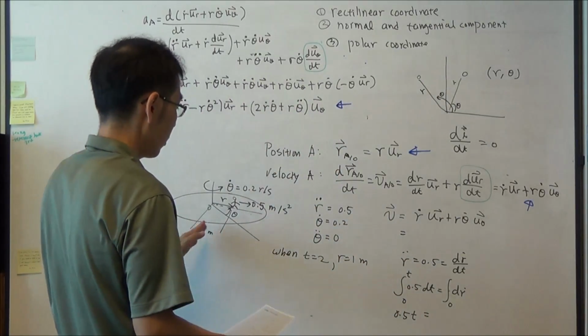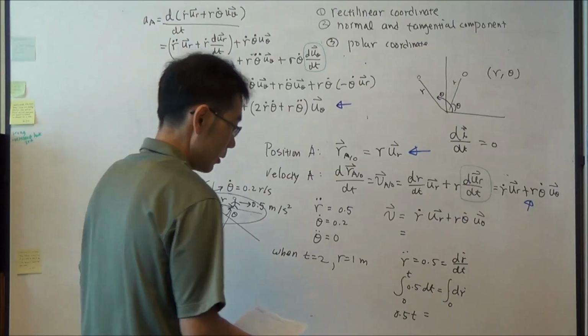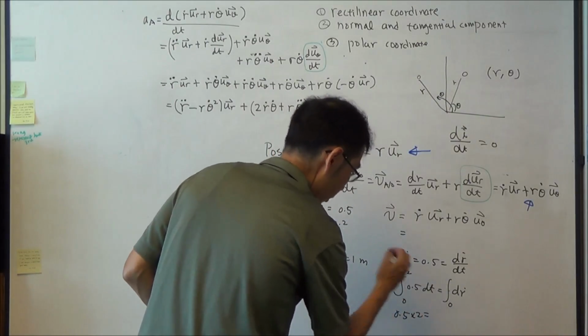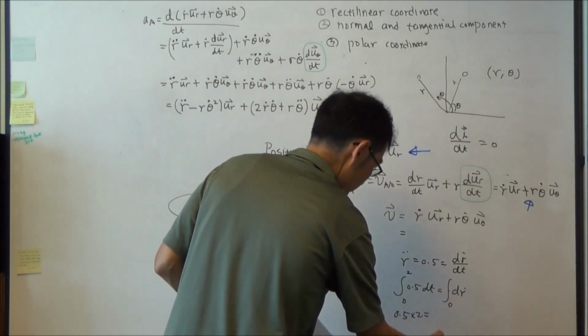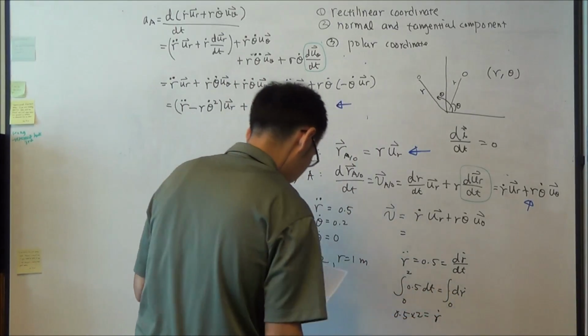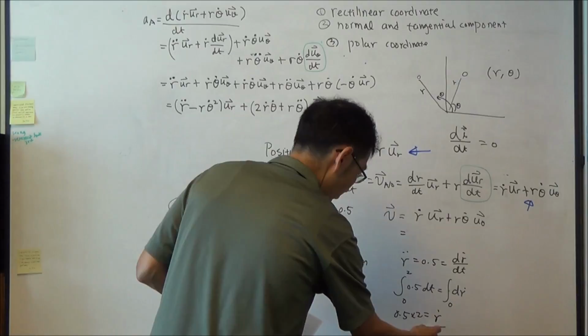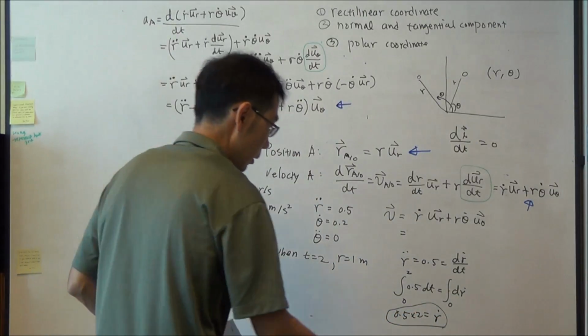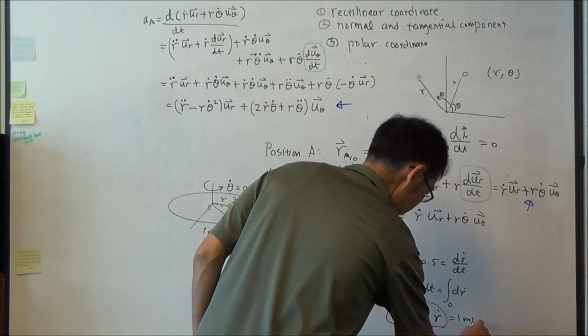We are going to look at time 2, right? So our r dot is just 1, which means this is 1 meter per second.